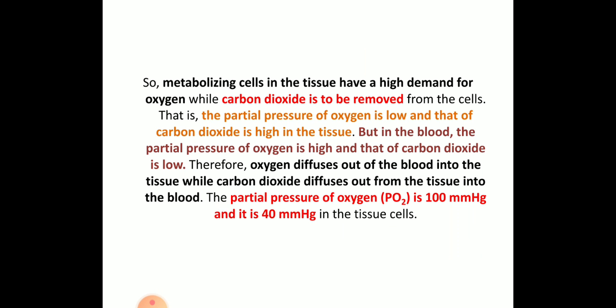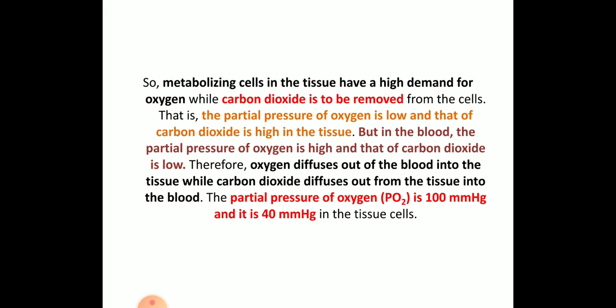So what happens at that time? The carbon dioxide is removed and oxygen is in high demand, so the partial pressure of oxygen will be low, which means the partial pressure of carbon dioxide will be higher. In the blood, the partial pressure of oxygen is high and carbon dioxide is lower.